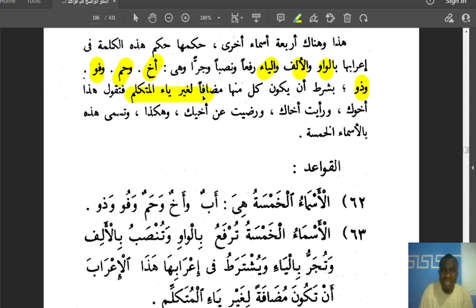He says لغير ياء المتكلم. It should come as mudaf, but not attached to ya'il mutakallim. So that you say my brother, akhi. In that case, this akh is not part of the asma'ul khamsa. If you say abi, that's not what we are looking for. It should be mudaf to anything other than ya'il mutakallim.